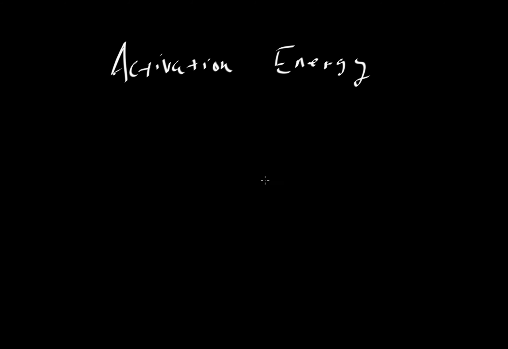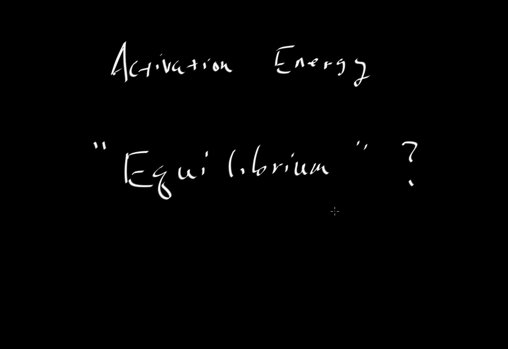That's very important because when we ask questions like, is a system at equilibrium, this is not an easy thing to answer. Is something at equilibrium? Well, it might be, or it could be that a system is occupying a local energy minimum.